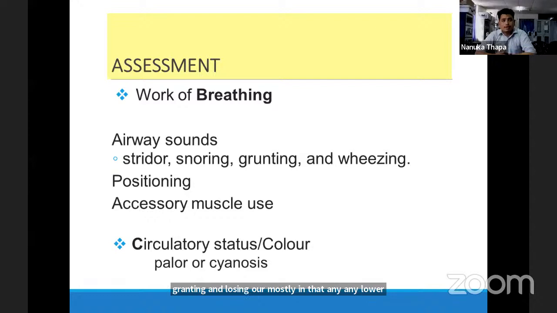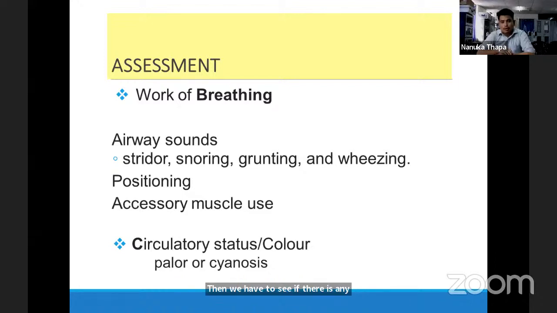Then we have to see if there is any accessory muscle use, and we also have to see how the child is being positioned. Accessory muscles, like from the face, if we see any nasal flaring, that points us towards the child using accessory muscles. Then we have to see if there are any suprasternal retractions or not.